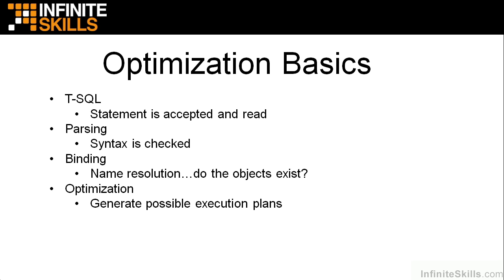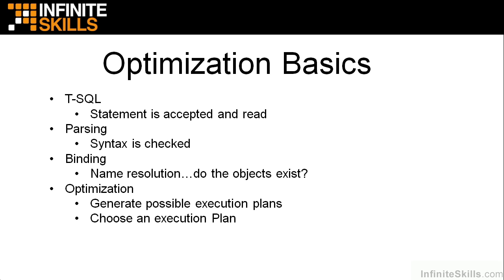Optimization comes next, where SQL generates, theoretically, every possible execution plan for the query. Depending on how complex the query is, the number of execution plans gets a lot more numerous, and so we don't get them all. But it starts to look at the different ways that it could go about getting this data, and then it chooses one. It is a cost-based optimizer.